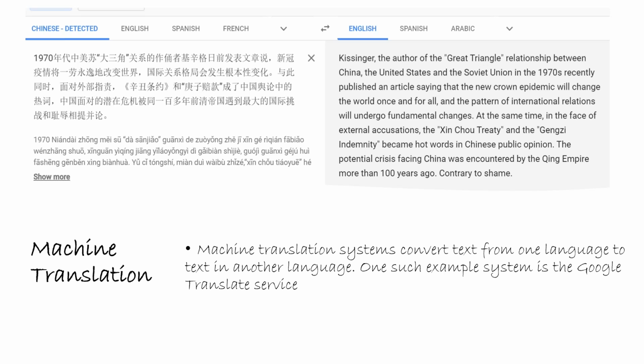One such example system is Google Translation System. There are many other translation systems, but not so popular or not so successful. But these and one more are very popular and doing well in this area. Okay, with that note, let's start.